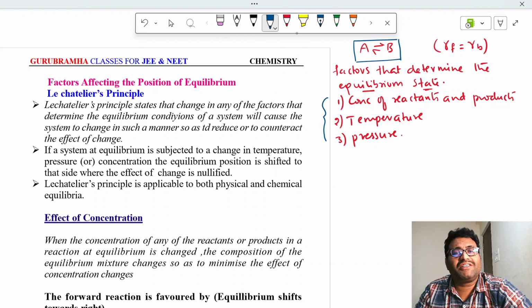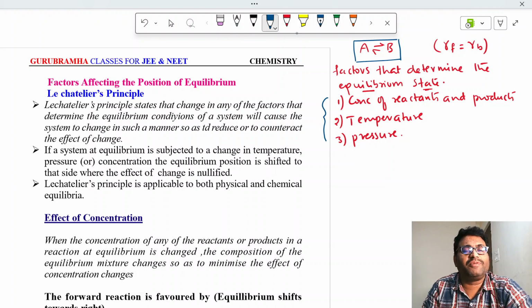So when you are disturbing it, it will behave in such a way that the disturbance is made zero. It will behave in such a way as to counteract the disturbance. So that is what Le Chatelier's principle is. What does it say? Let us see that.